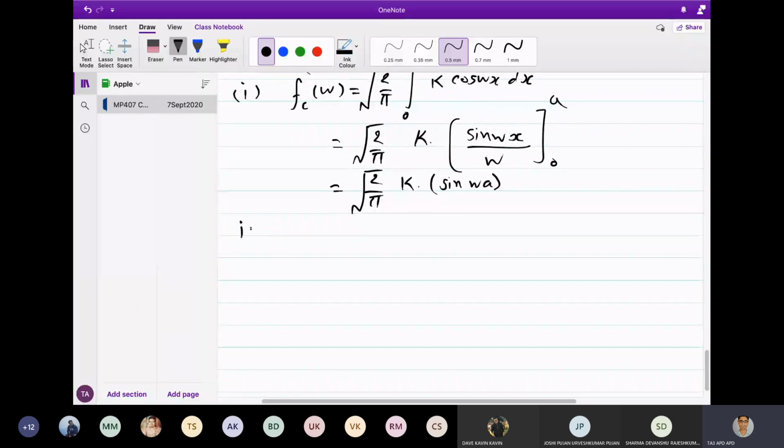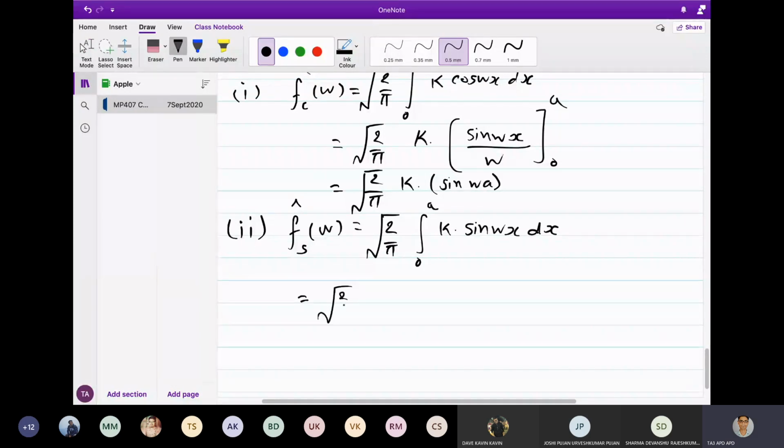And for the Fourier sine transform, you will have f hat equal to under root 2 over pi, integral from 0 to a of k into sine wx dx. So this is equal to under root 2 over pi into k, into minus cos wx over w, from 0 to a.